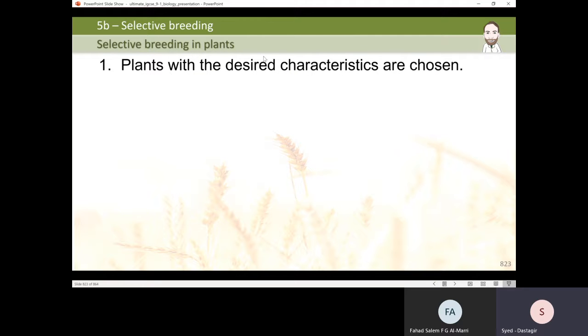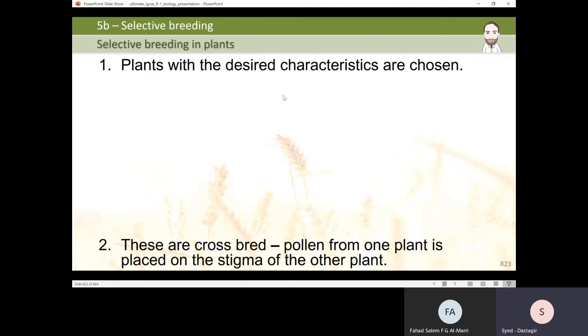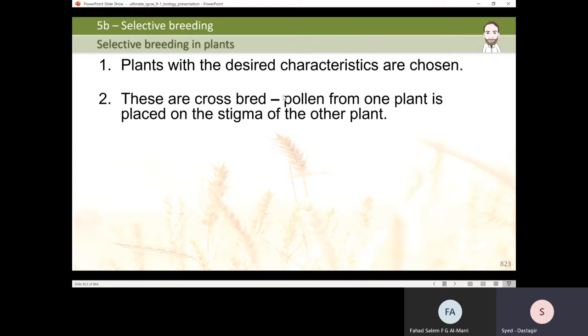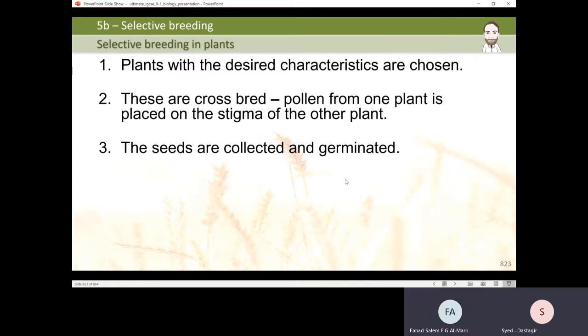Okay, so how do we do it? Plants with the desired characteristics are chosen, just like the animals. These are crossbred. So pollen from one plant is placed onto the stigma of the other. We should know that from our plant reproduction. The seeds are collected and germinated. What does germinated mean? Germination. Do you remember?